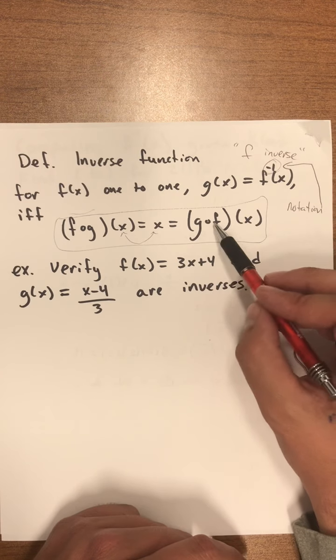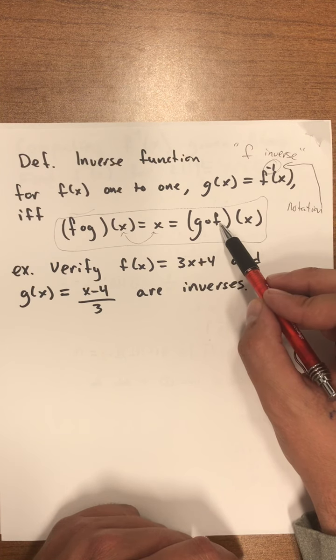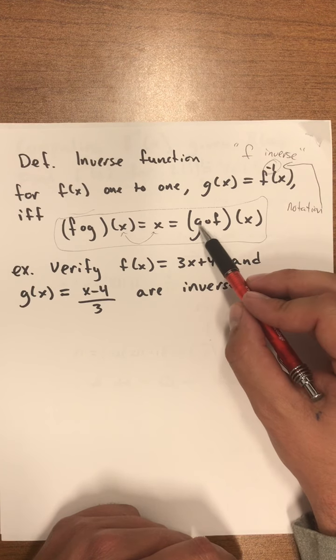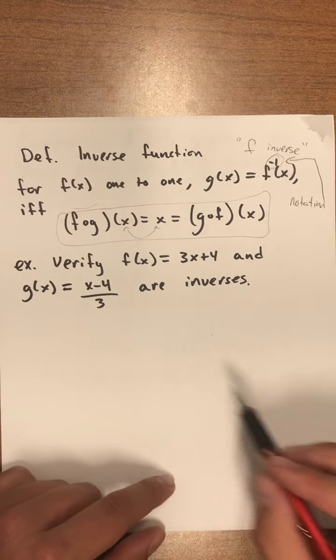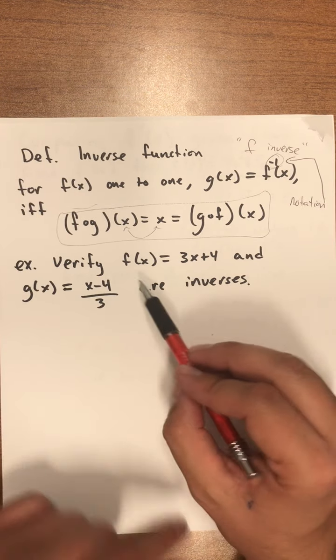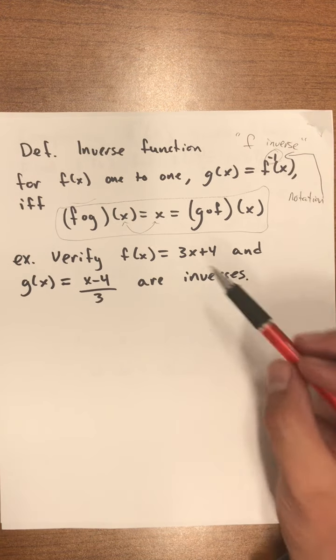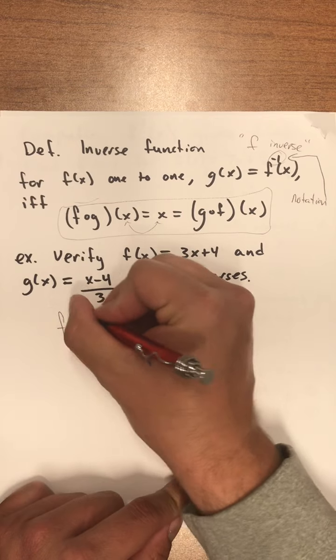Then what also has to be true is if you do composition where f is the input into g, you also get just x. So we're going to verify that f of x equals 3x plus 4 and g of x equals (x minus 4) over 3 are inverses, and we do that by doing function composition.